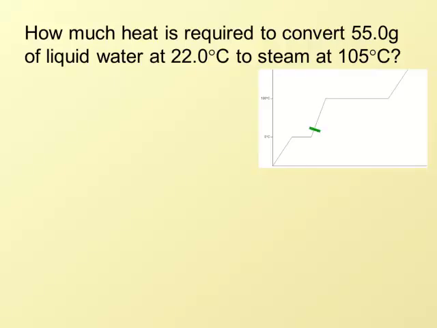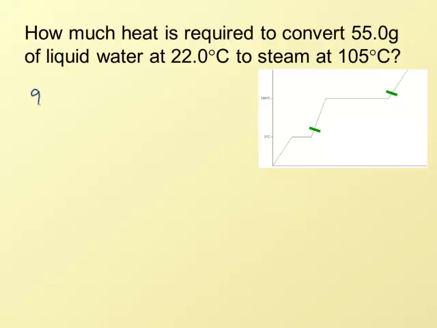That's low in the liquid water segment of the graph. We go to 105 degrees in the steam segment. That means we have to do a Q equals MC delta T calculation for raising the temperature of the liquid, then Q equals N delta H for the vaporization process, then another Q equals MC delta T for raising the steam's temperature.